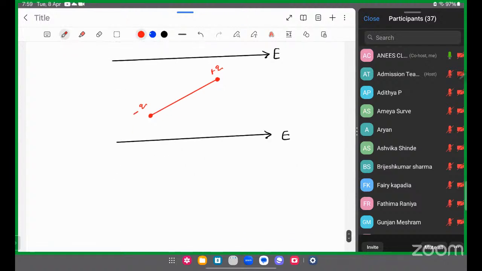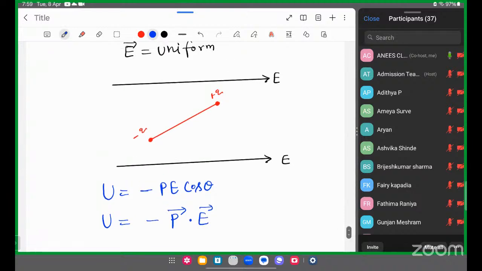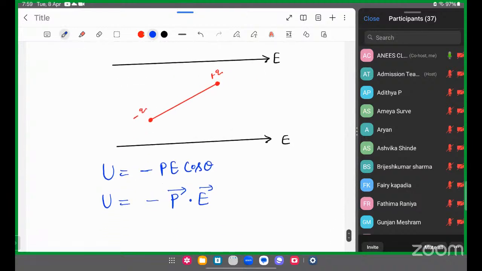So potential energy in this case is given by U equals minus PE cos theta, which in vector form is U equals minus vector P dot vector E. So if you want the potential energy of the dipole, you just have to get the information about angle theta. If you know the value of theta, you can directly calculate the potential energy of the dipole. Understood or any doubt?